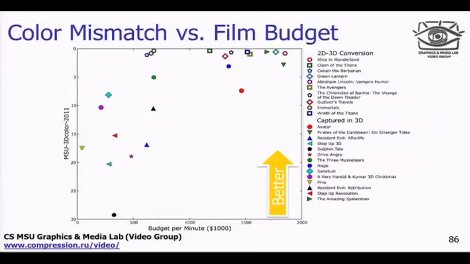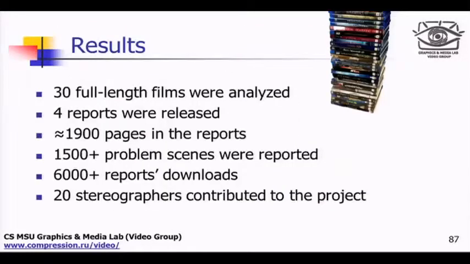And again, here is Drive Angry, here is Harold and Kumar. So we can compare how even less budget movies have better characteristics. And currently we are making a full analysis of 30 full-length movies for a published report, approximately 1,000, close to 2,000 pages in reports.